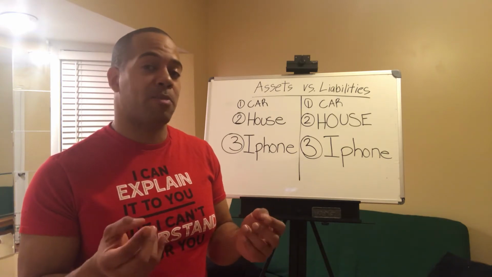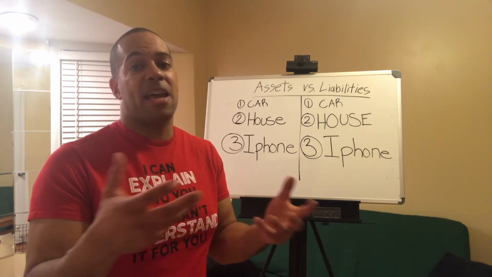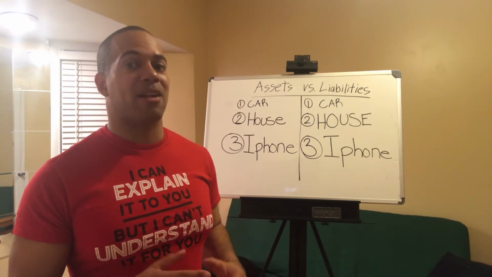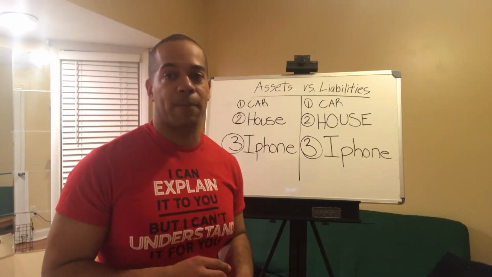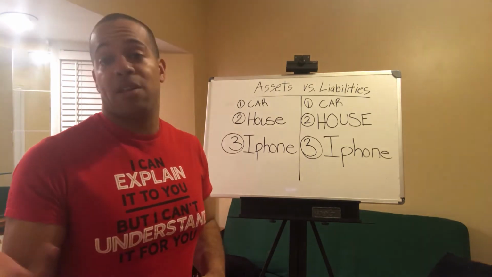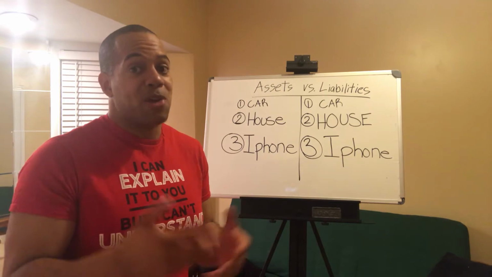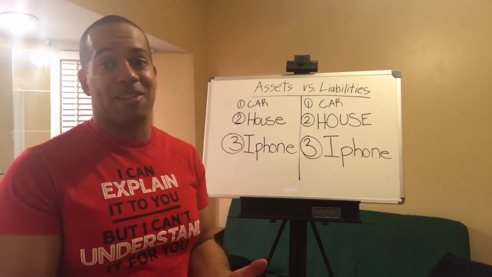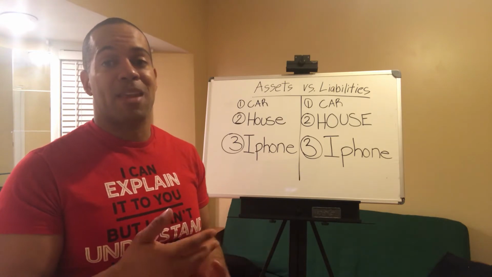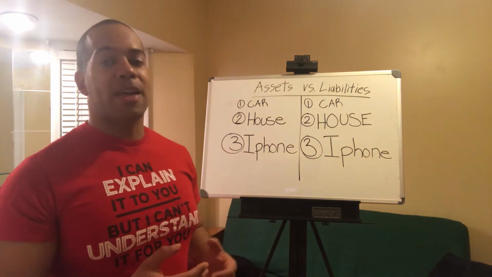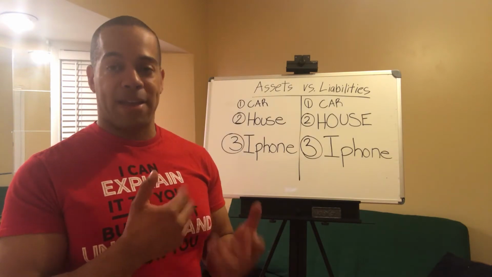It may not necessarily be a huge liability. Maybe it's a $10 million house, so it's worth $10 million, and it's all paid off. But let's say you owe $10,000 in property taxes on it, but you have no cash flow coming in. Then you can't pay the $10,000 in taxes.